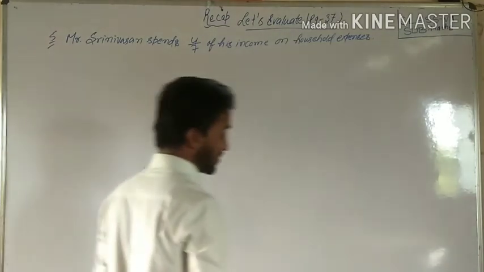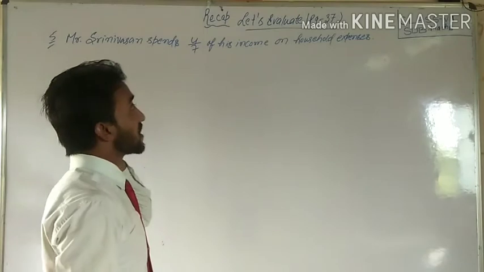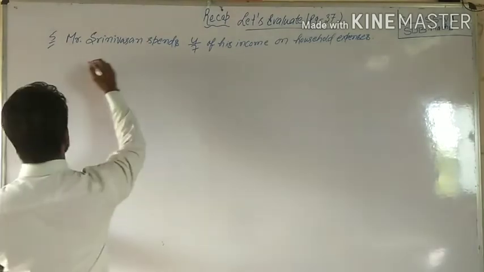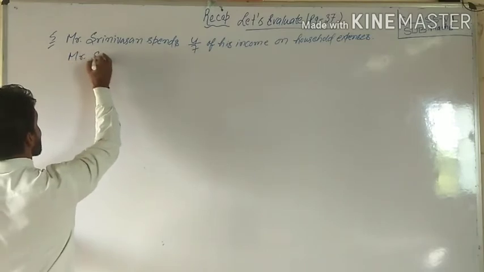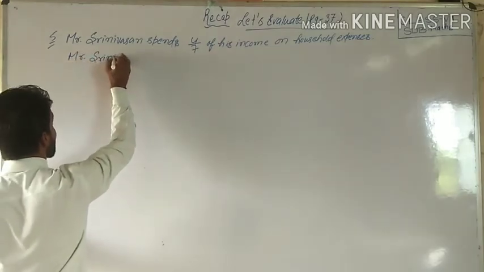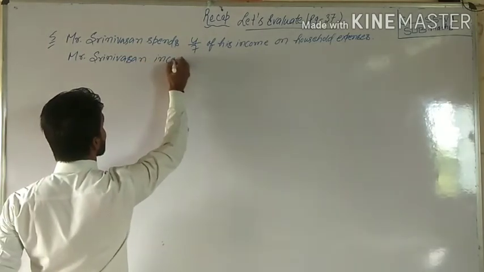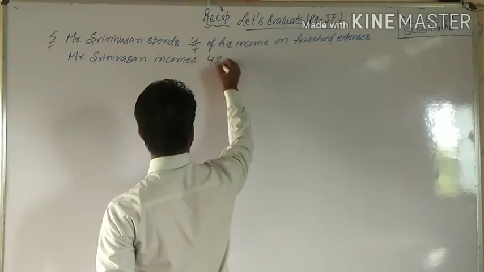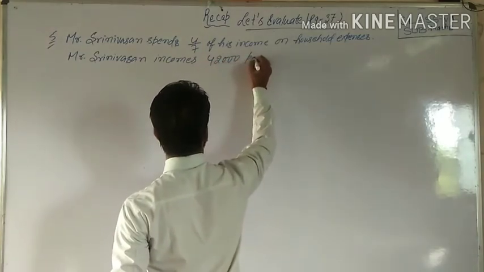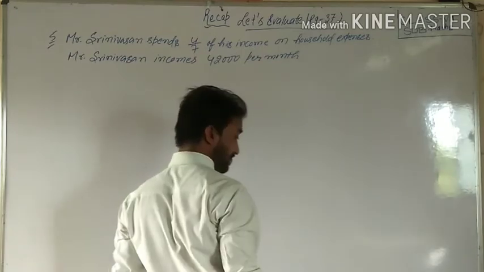Say students, next one: first of all I have to calculate 4/7 of his income. What is his income? Mr. Srinivasan's income is 42,000 per month.